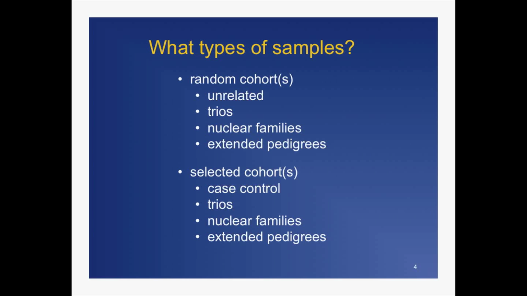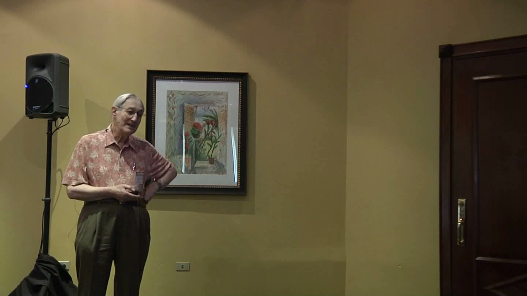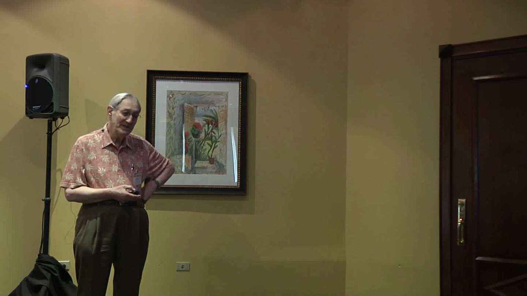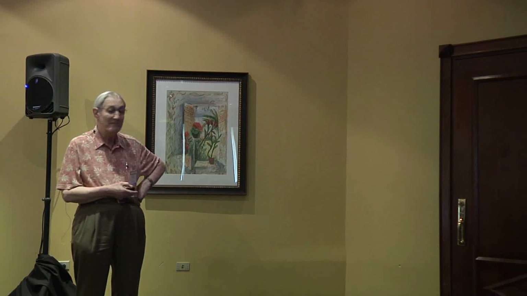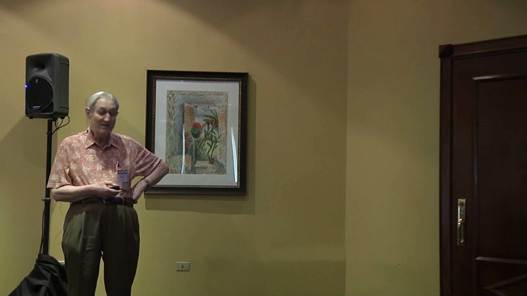You could have random cohorts of unrelated individuals, trios, mother, father, child trios, nuclear families, two parents and their offspring, or extended pedigrees. And now that we are interested in common diseases, there's often a lot to be said for looking at random cohorts. I do know of studies.